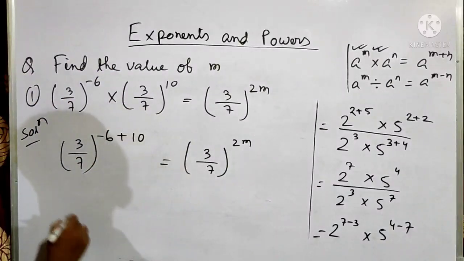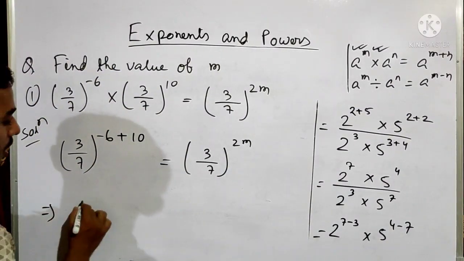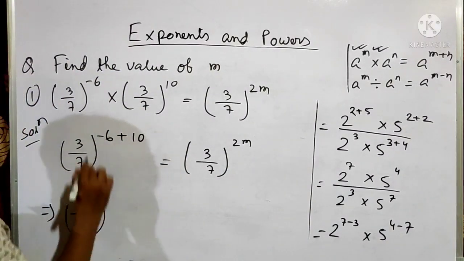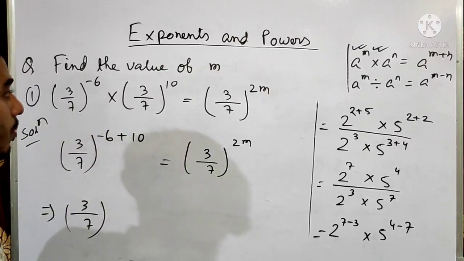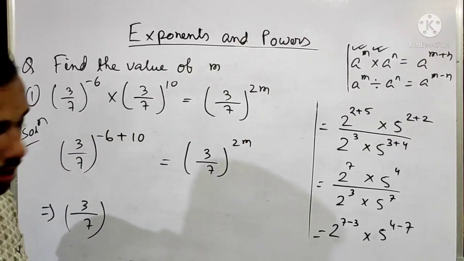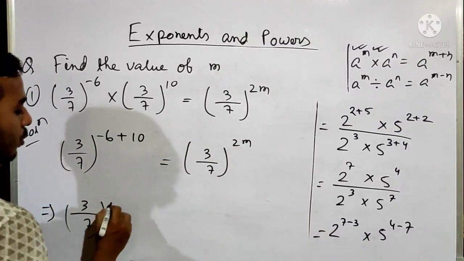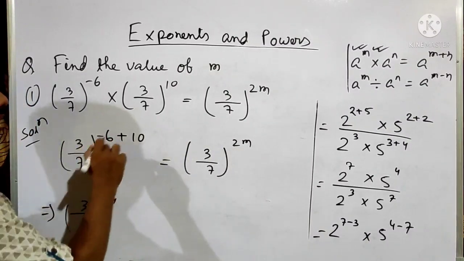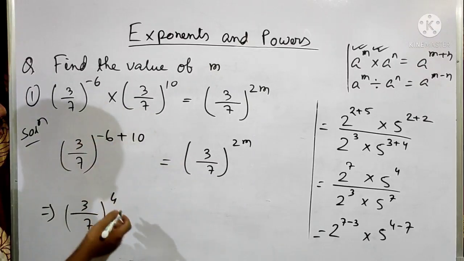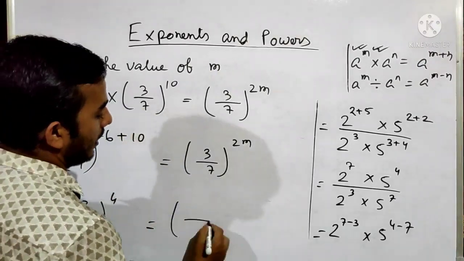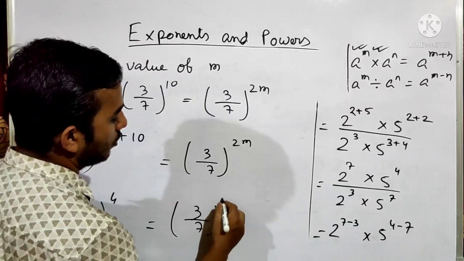Now, minus 6 plus 10 is how much? Plus minus is minus, 10 minus 6 is 4, and the sign will be of the greater number. The greater number is 10, and 10 is positive, so it will be plus. It will be 3/7 whole to the power 4 equals 3/7 whole power 2m.